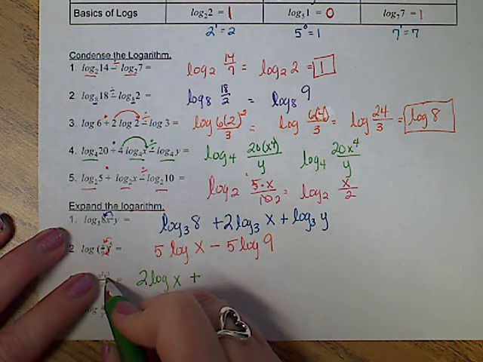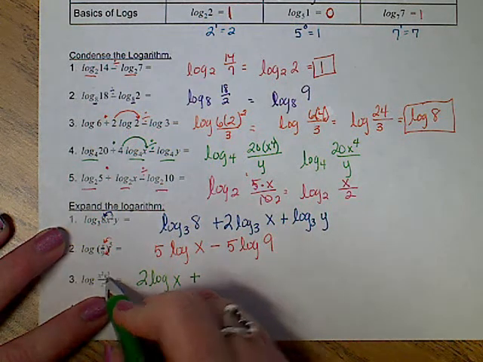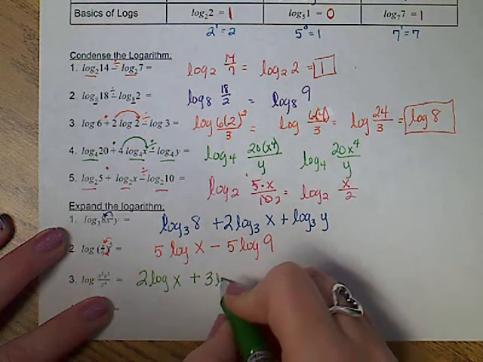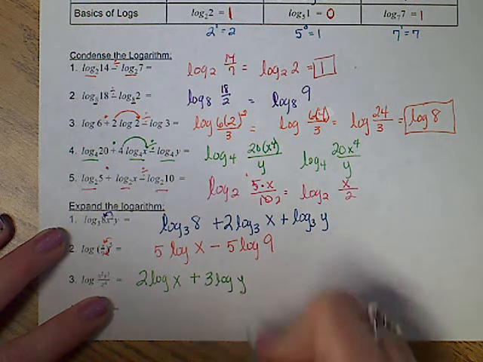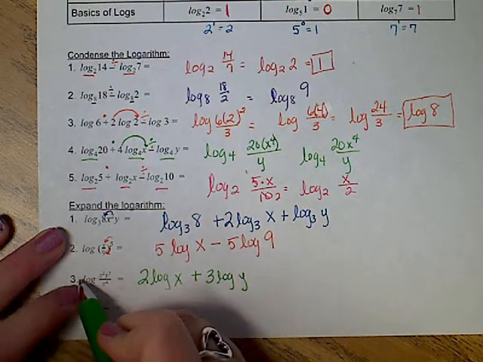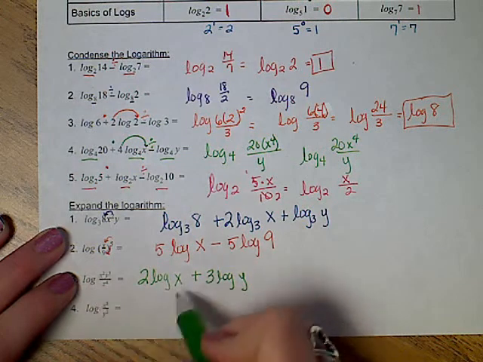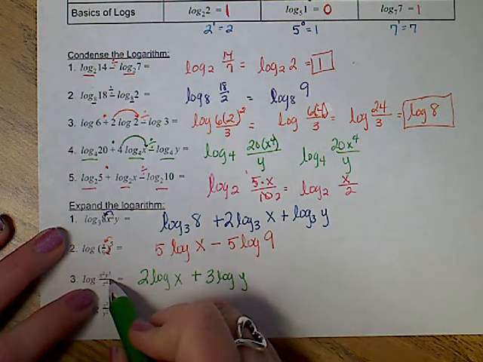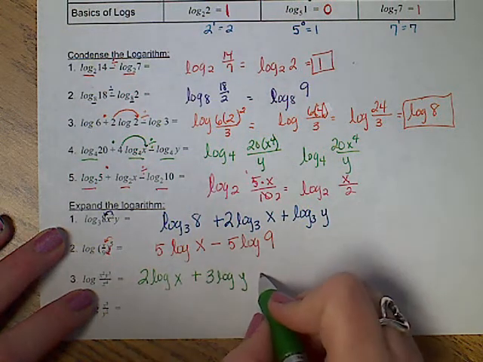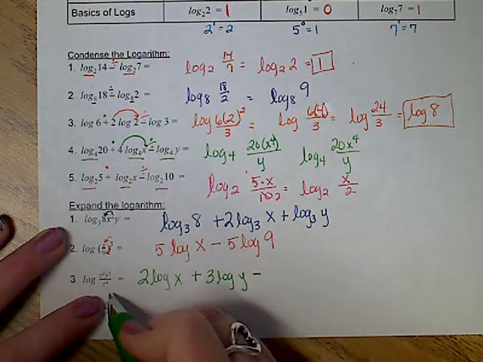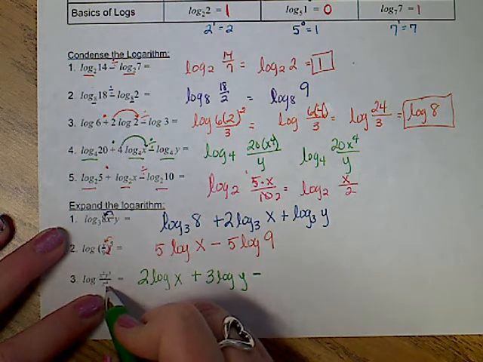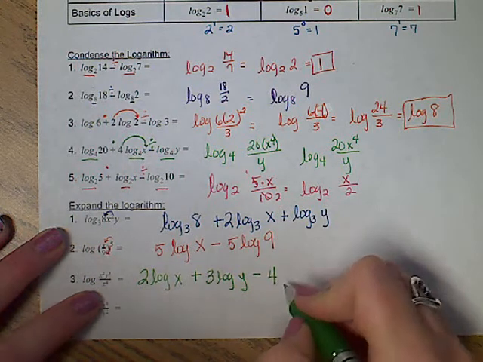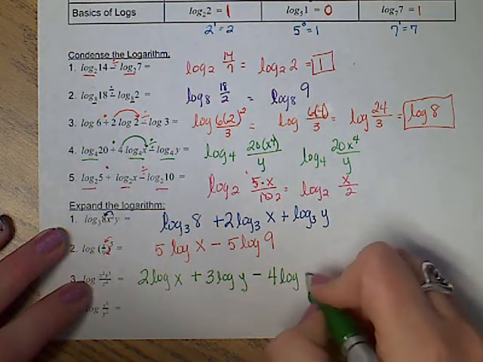Now we've got y, but it has an exponent of 3. So 3 comes out front, log y. Okay, 3 is the exponent, comes out front, log y. We've got division, that's a subtraction. And then we do have an exponent on the z as well of a 4, so 4 comes out front, log z.